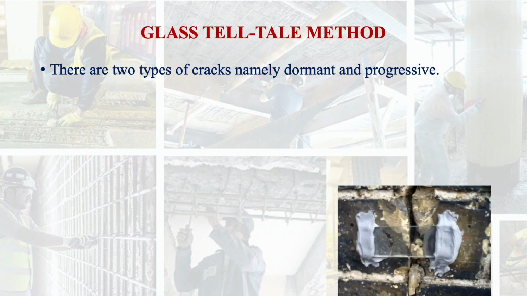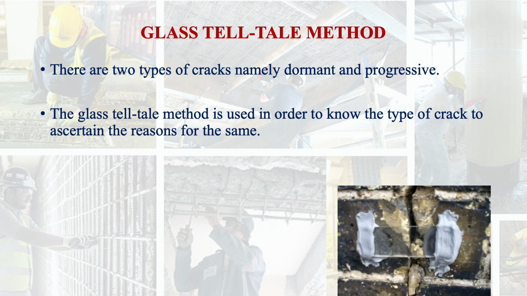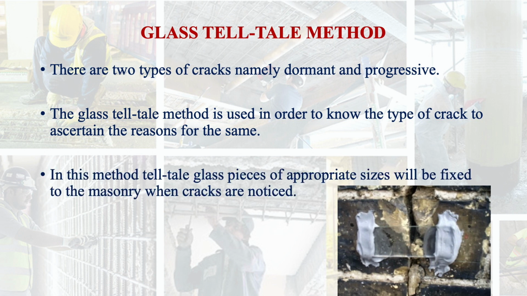Then glass telltale method. There are two types of cracks, namely dormant and progressive, as I told you. The glass telltale method is used in order to know the type of crack to ascertain the reasons for the same. In this method, telltale glass pieces of appropriate size will be fixed to the masonry when cracks are noticed, as you can see here.